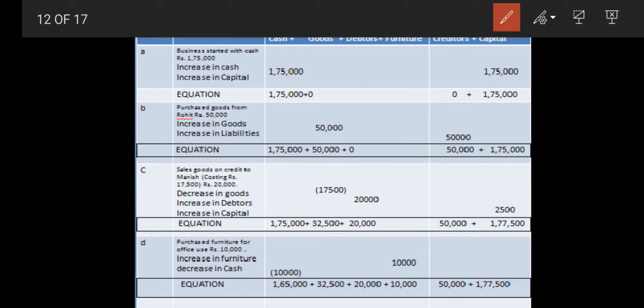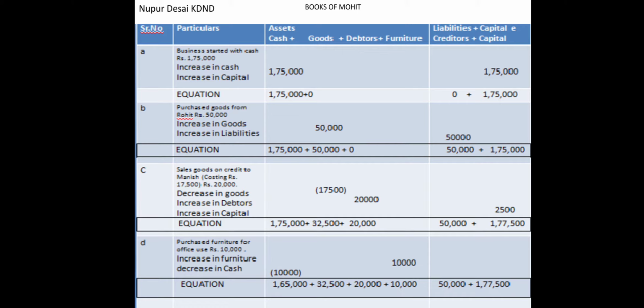Now come to transaction number D. Transaction D says purchase furniture for office, rupees 10,000. Here, purchase furniture for office, so it is very much implied that a new column of furniture will be coming, and your cash decreases. How can you say cash decreases?